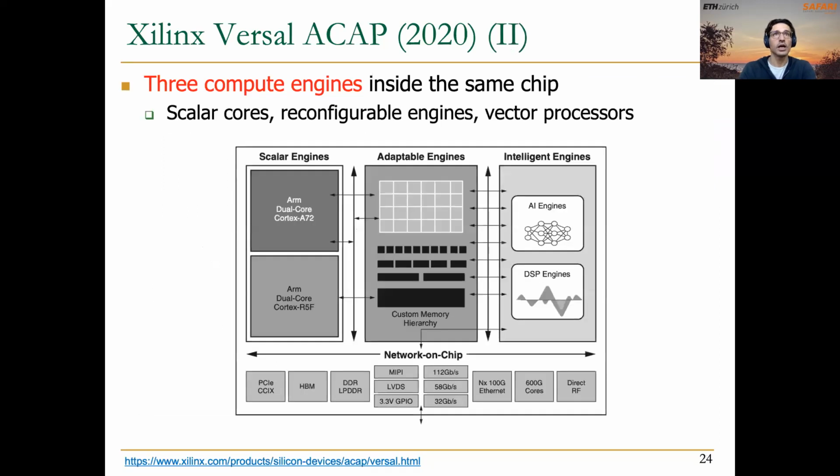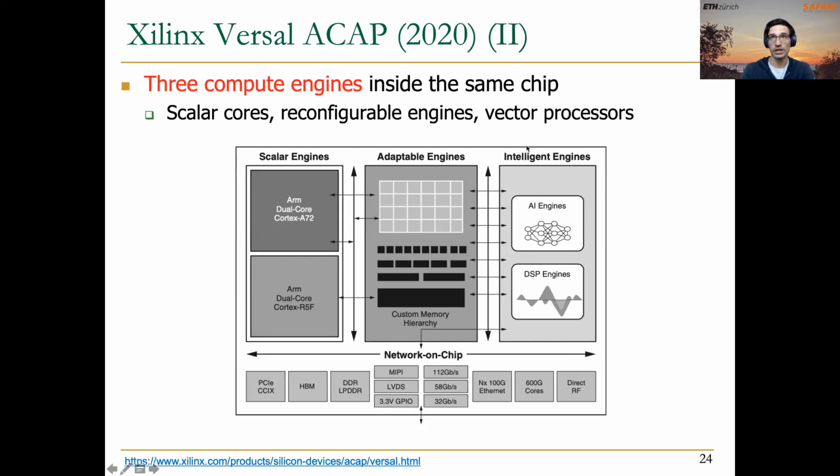And that's why if you take a look at the internals of this Versal, you will see that there are some scalar engines, like for example, ARM dual core. There are two types of cores here. There are also adaptable engines that are completely configurable and can also be used to create a custom memory hierarchy. This part here is the most similar to a reconfigurable fabric or an FPGA.